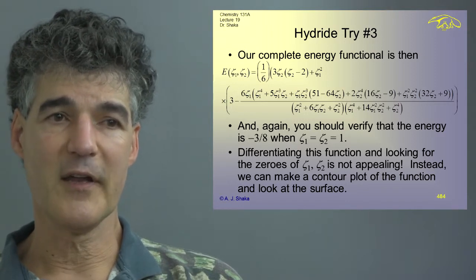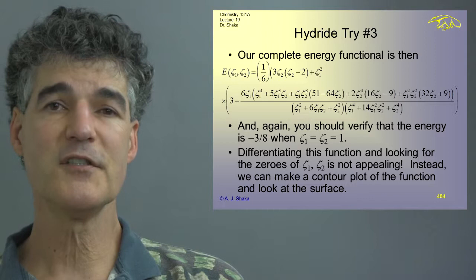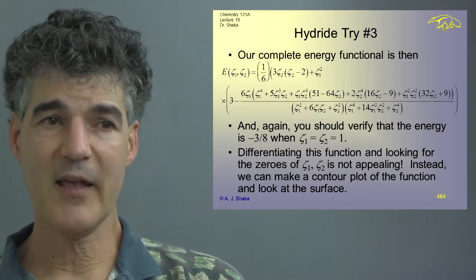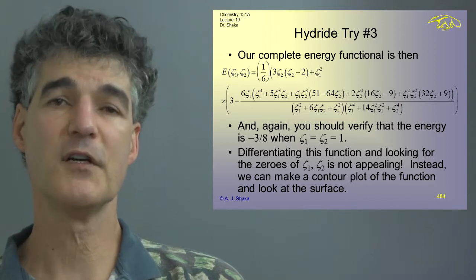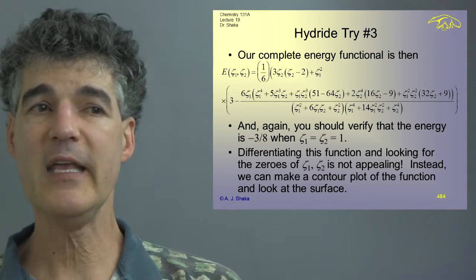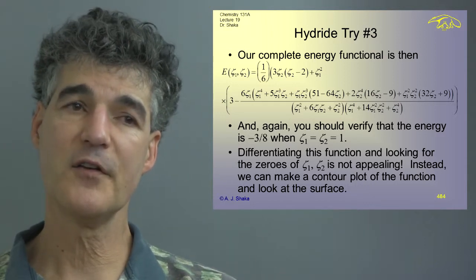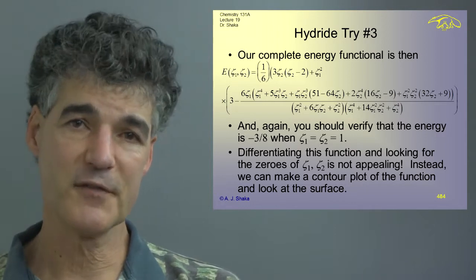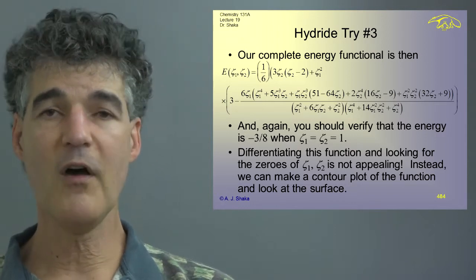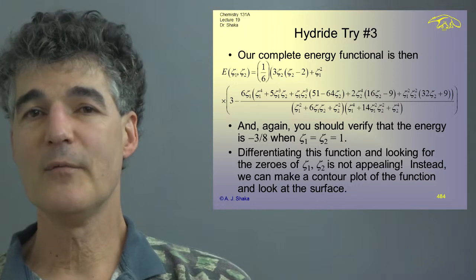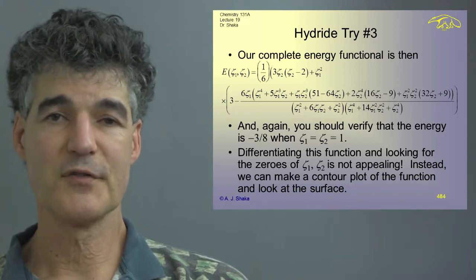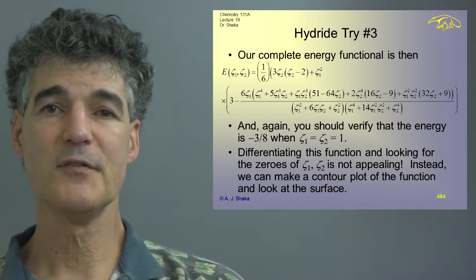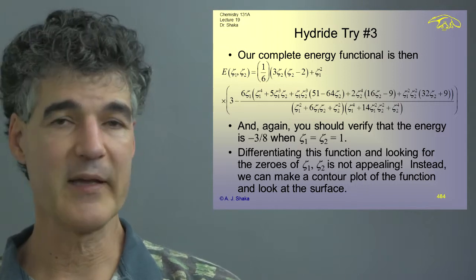What we're going to do then, instead of differentiating this function, is we're going to plot the function. We're going to plot E of zeta 1, zeta 2 versus all possible reasonable values of zeta 1, zeta 2. We know that zeta 1 and zeta 2 can't be too small, because if they're too small, then the thing's too big.